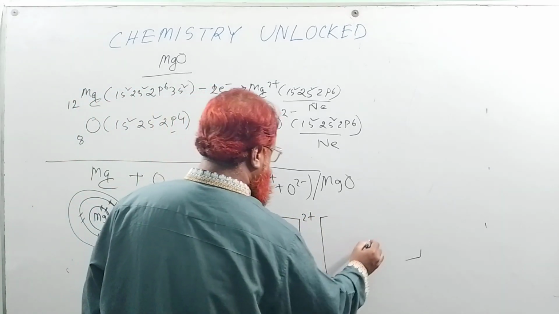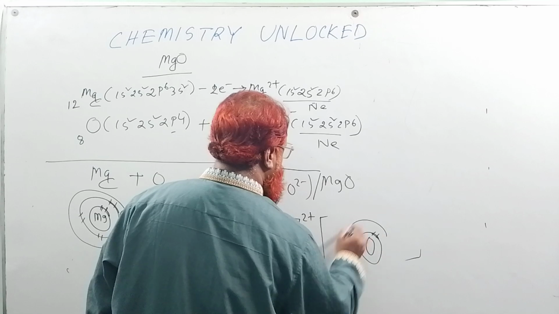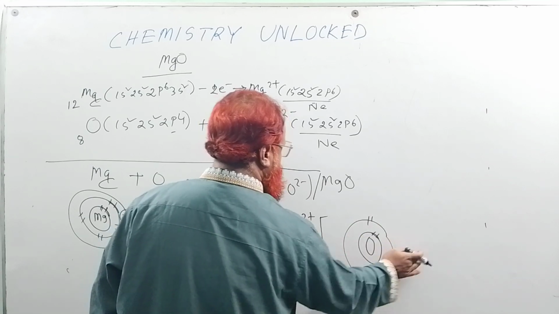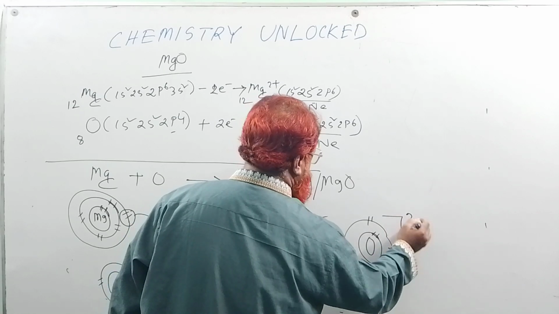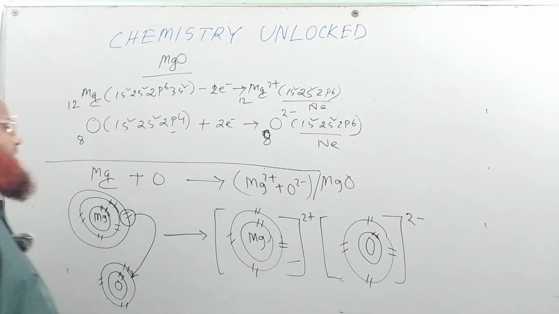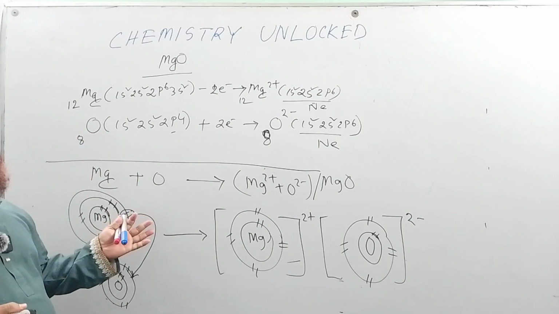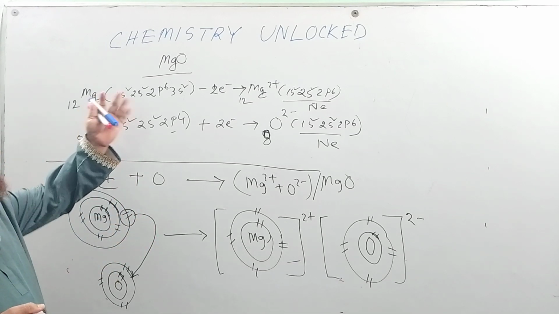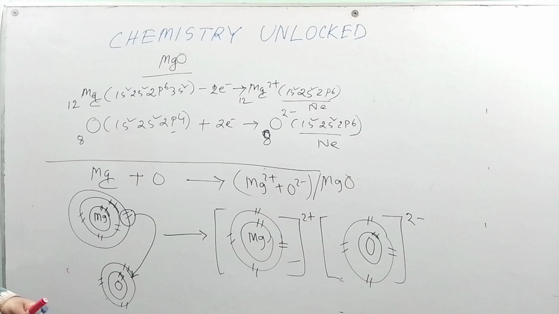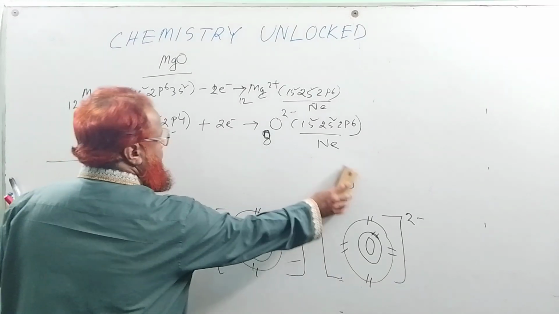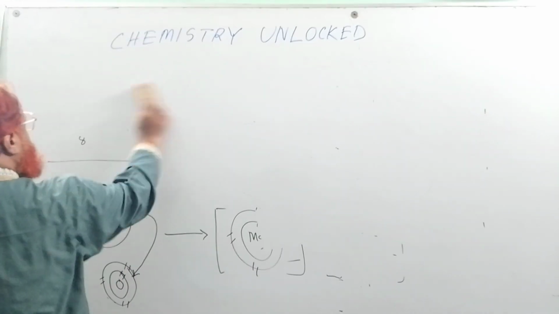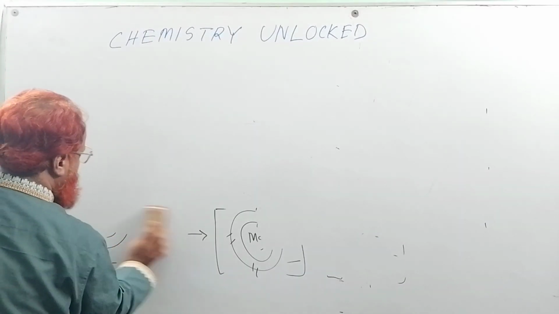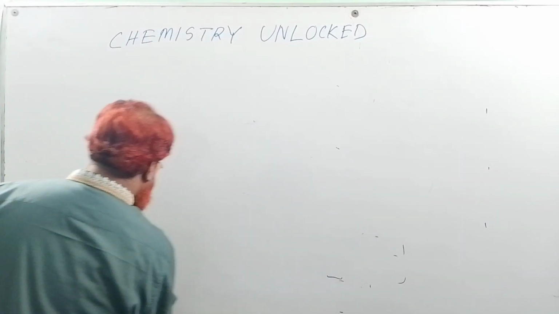This is oxygen, first orbit, like this, oxide. This is your magnesium oxide diagram. Similarly, you can draw calcium oxide similar to magnesium oxide. Okay. Now we will draw sodium oxide and aluminum oxide.